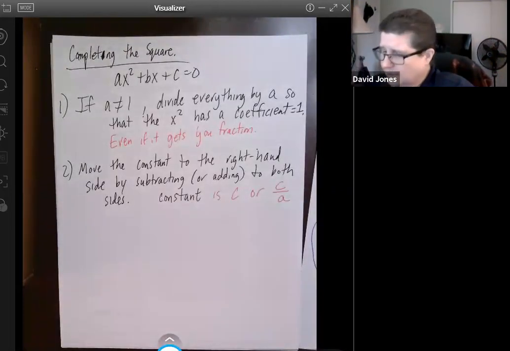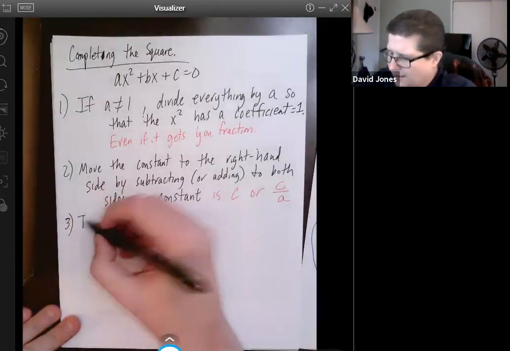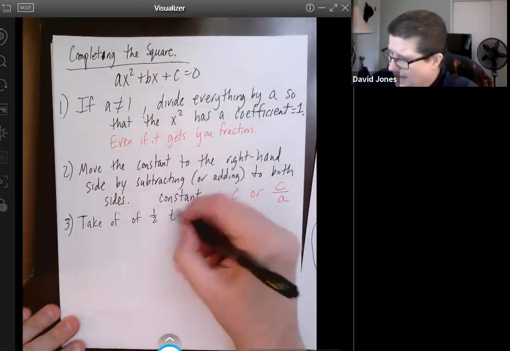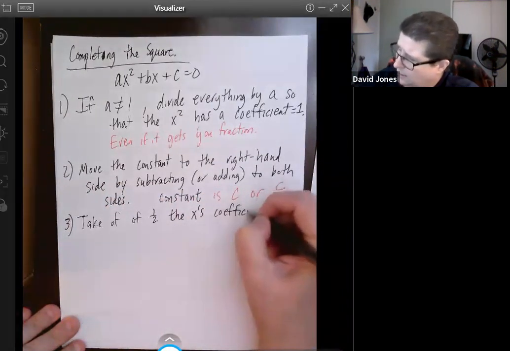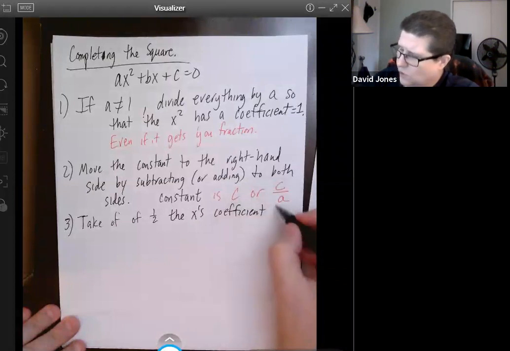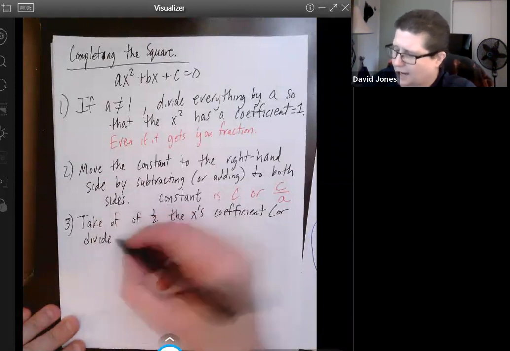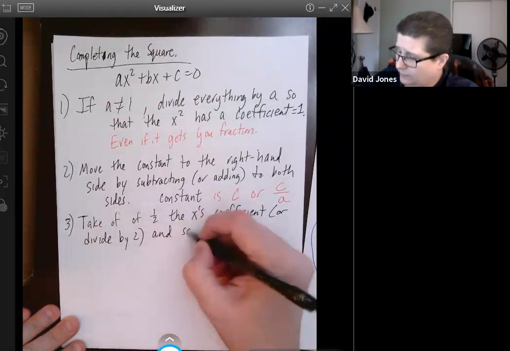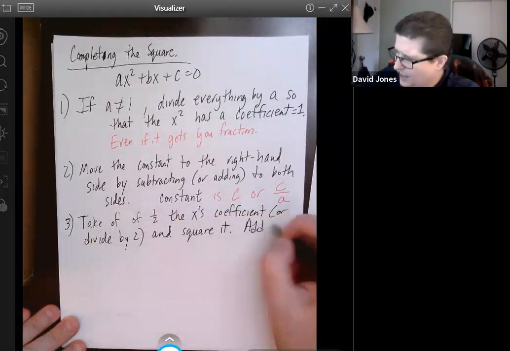Then, step 3. Take 1/2 of the x's coefficient, or divide by 2 is the other thing. Either multiply by 1/2 or divide by 2 and square it. Add this value to both sides.